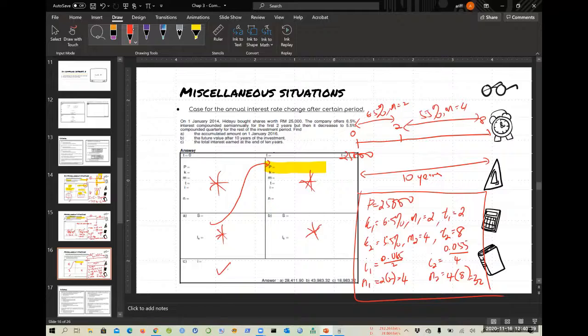Let me just say this one is S1, right? So P here will be equal to S1. Whatever value you have in S1 will be the new P for the second portion, that is for the 8 years. All right, so that's it for the discussion on miscellaneous situations related to compound interest.